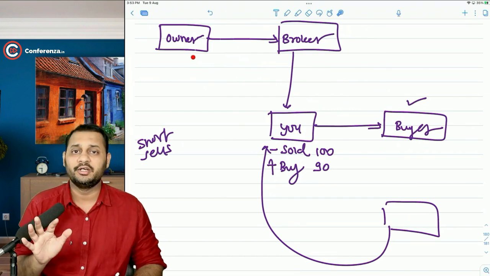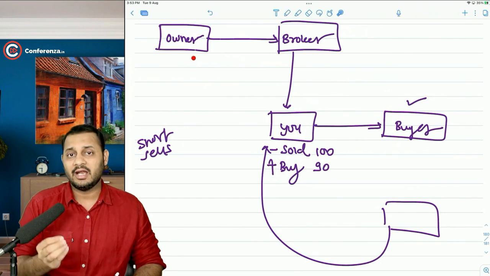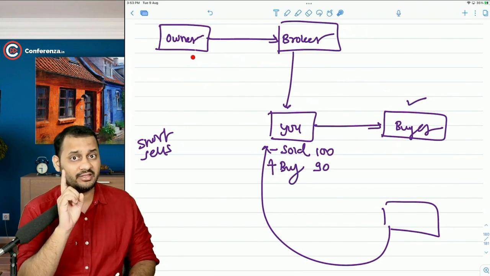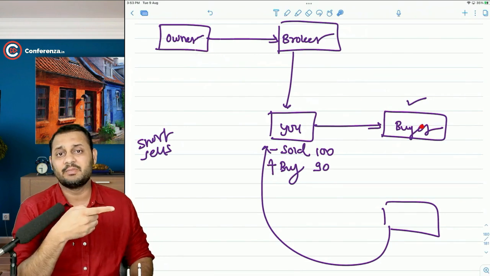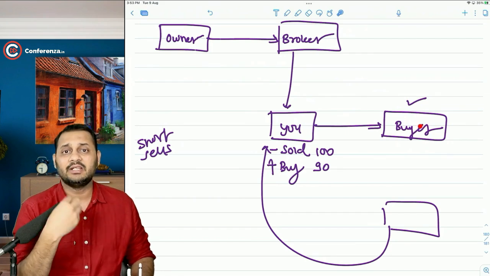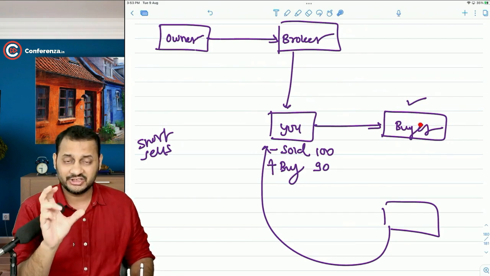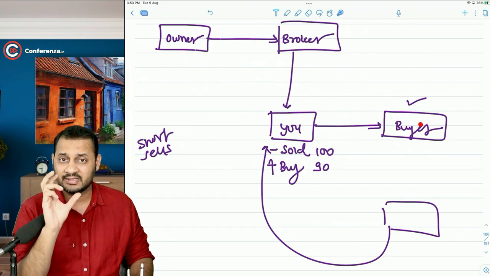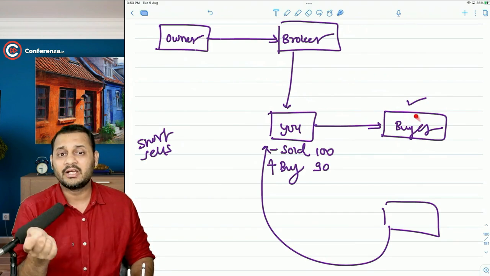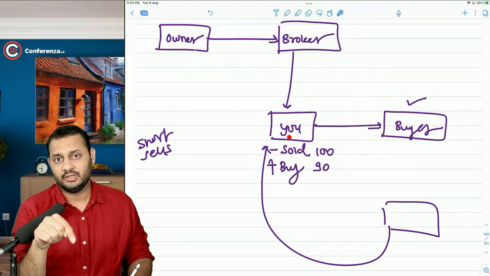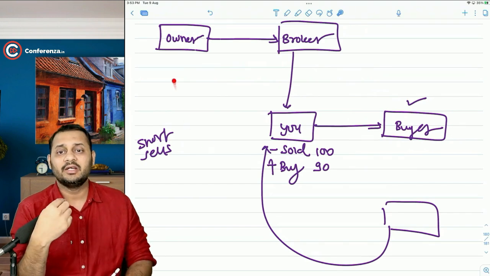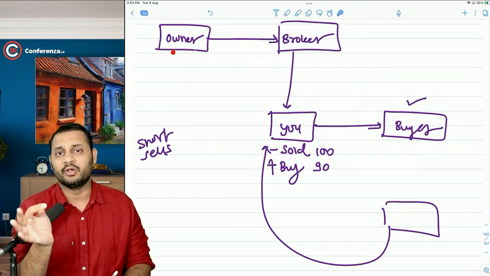He has not sold it to you, he has just lent it to you. Company will pay the dividend only to one person, and that is this buyer. If the dividend is paid in that 2 months time frame, it becomes your expense. You have to pay the dividend from your pocket to the owner.